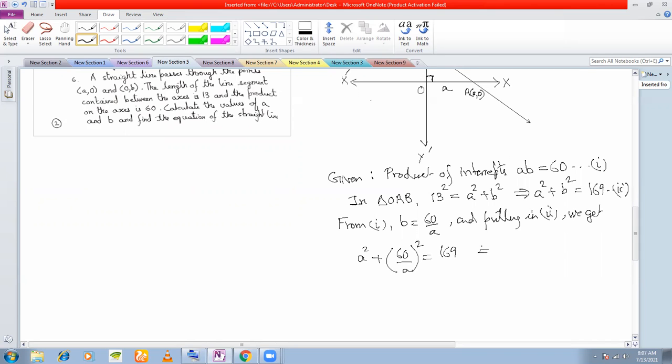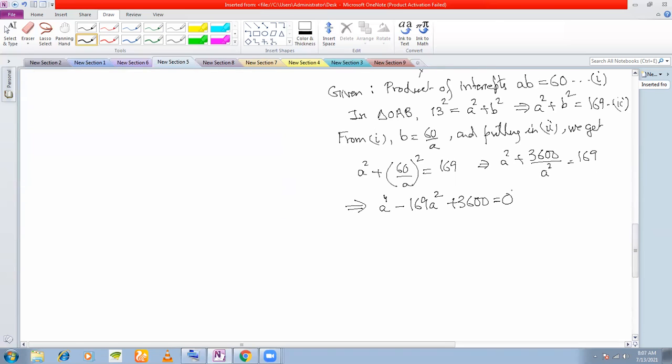That means a square plus 3600 by a square is equal to 169. Now you can take the LCM and express this equation in this form: a to the power of 4 minus 169 a square plus 3600 is equal to 0. Can we solve this equation? Can anyone give me an idea how to solve this equation?